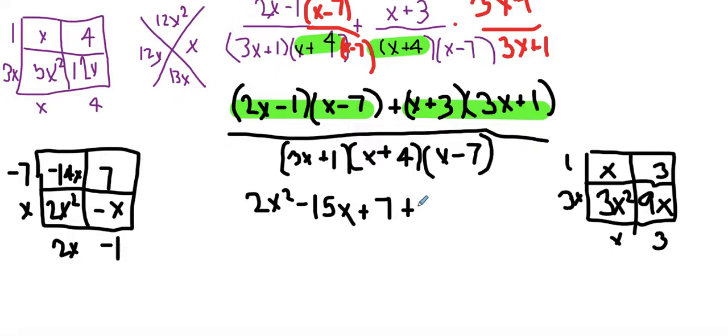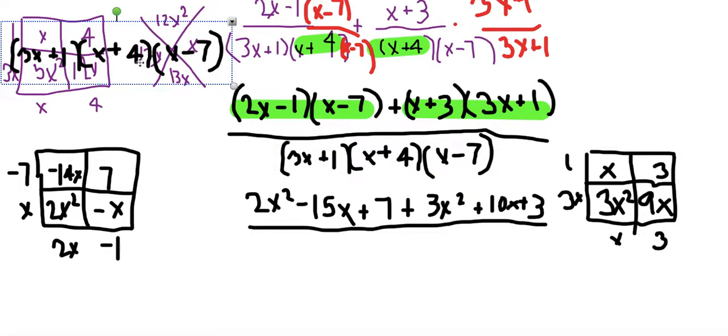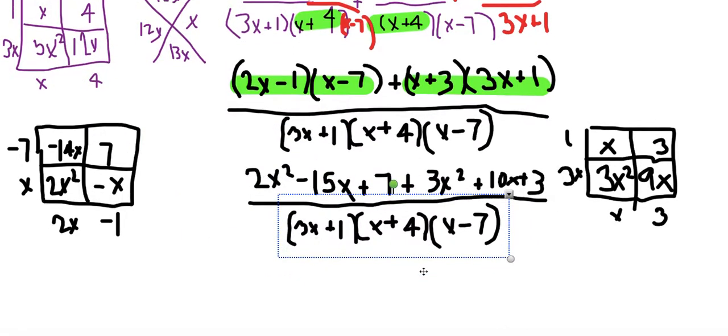So when I combine all these together, I have 3x squared plus 10x plus 3. Obviously, this is all over my common denominator.